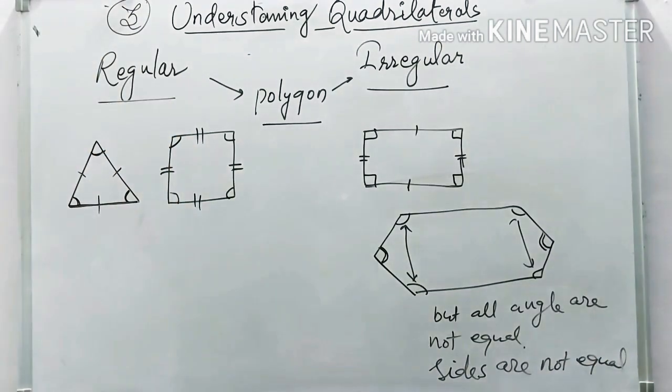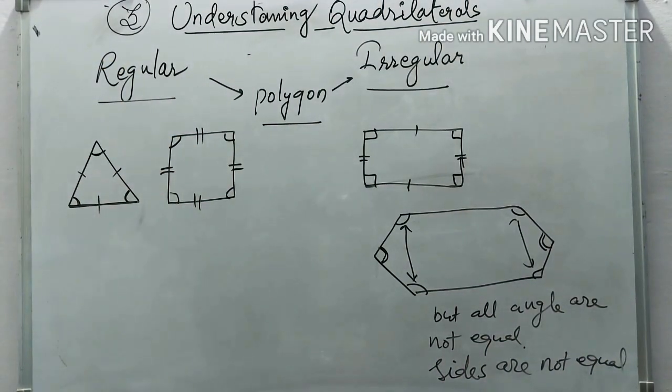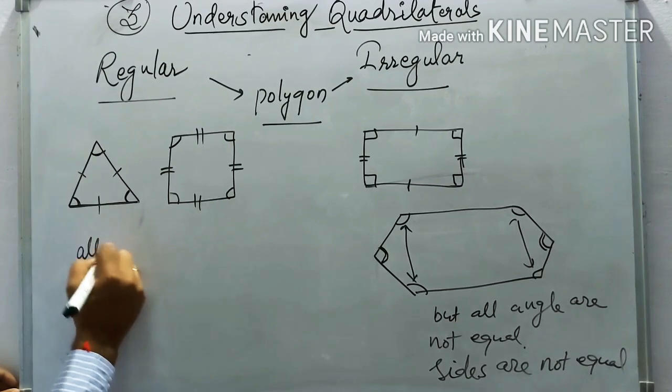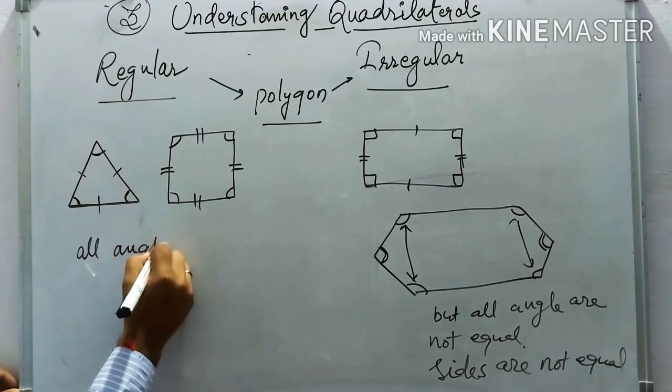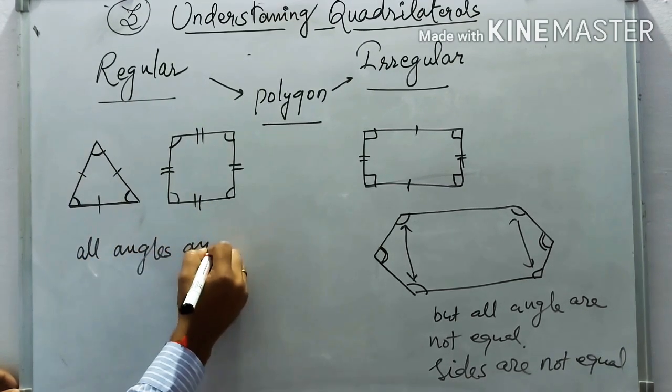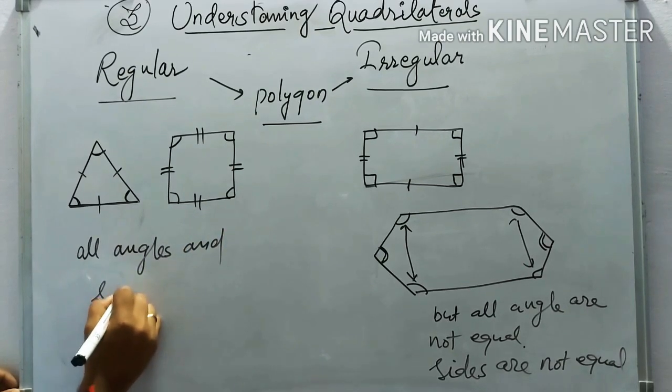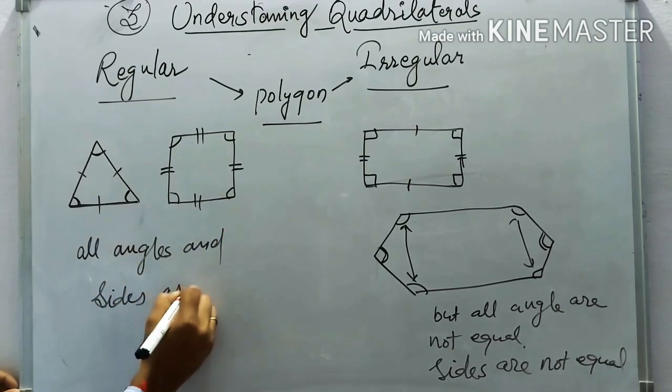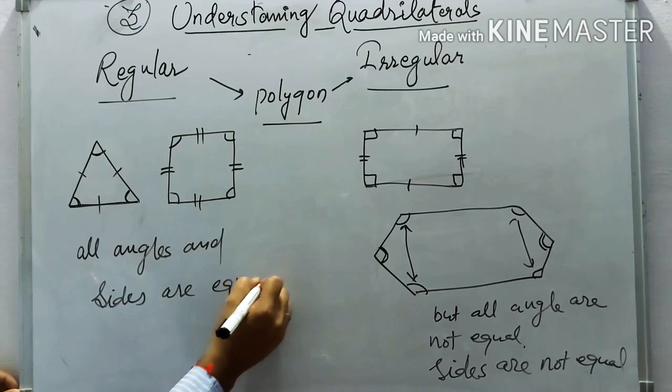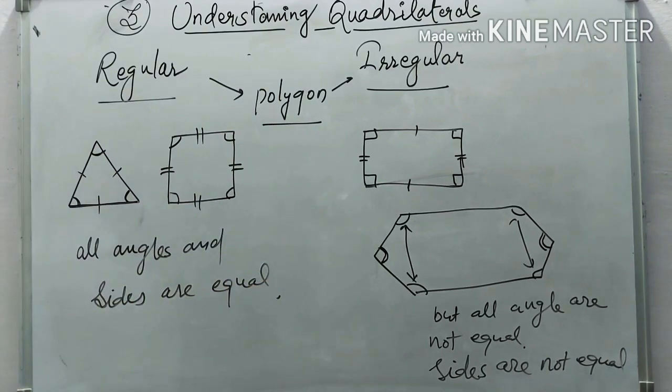It's called an irregular polygon, and all angles and sides are equal in a regular polygon.